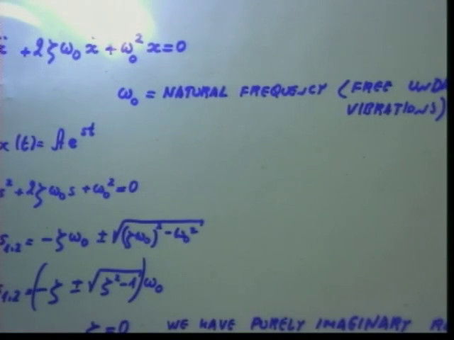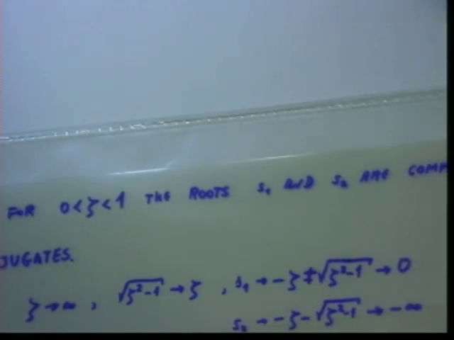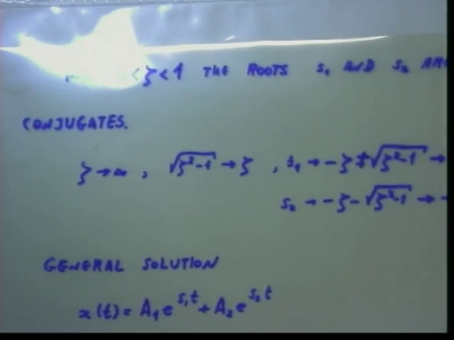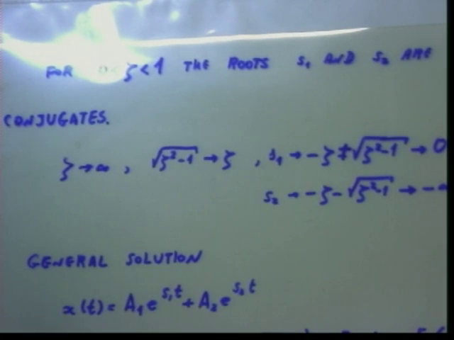Now there is another extreme: zeta was small, or zeta could be very big. When zeta goes to infinity, the square root of zeta square minus 1 goes to zeta, because in comparison with infinity, this 1 can be neglected.